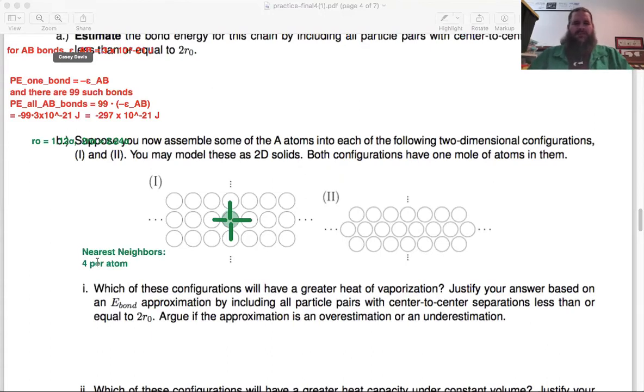But how do we convert that to the number of bonds in the entire cluster? Yeah, we can multiply by the total number of atoms, which is how much?